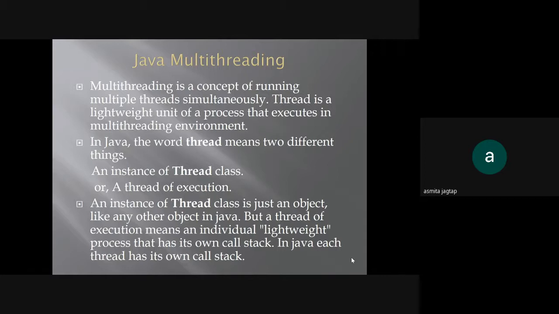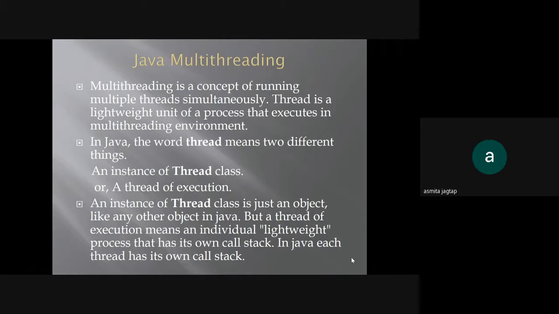So let's see what is multi-threading. Multi-threading is the concept of running multiple threads simultaneously. This is nothing but for speeding up your execution, or to do more tasks in less time. Thread is a lightweight unit, or we can say thread is nothing but a process that executes in multi-thread environments.